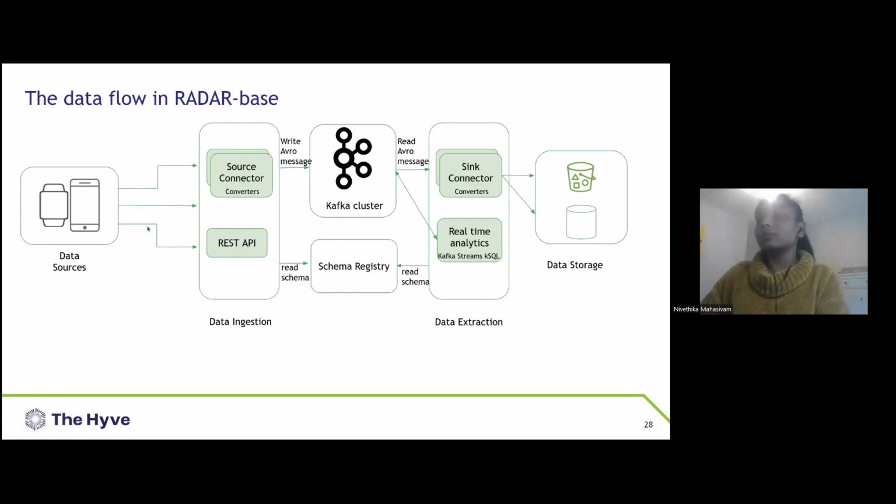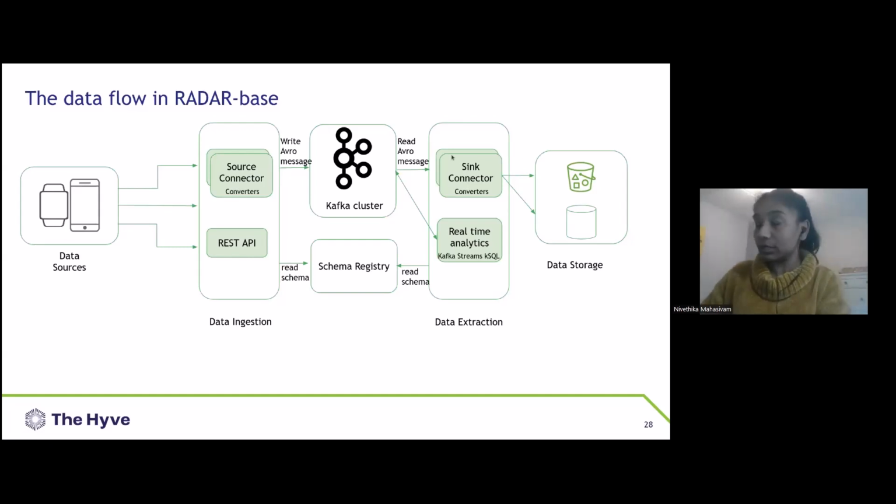For example, we have a particular source connector to receive data from REST API, another connector to receive data that are uploaded manually, and another connector to receive data from the passive app.